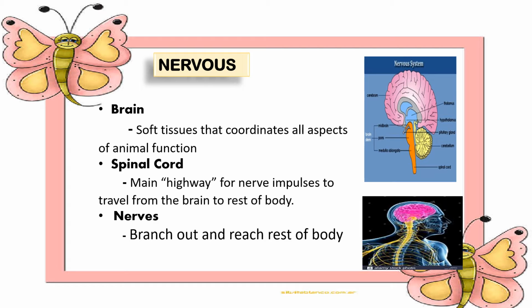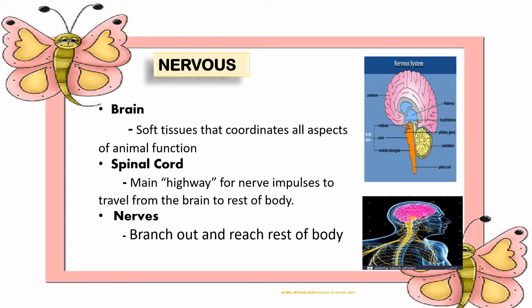The nerves branch out and reach the other parts of the body. Kaya nung tinignan ninyo before, sa previous slides, para siyang mga gamot-gamot. So, this is the nerves. The function of the nerves, they branch out. Of course, they carry the messages from the brain to the different parts of the body. So, it is really very important.